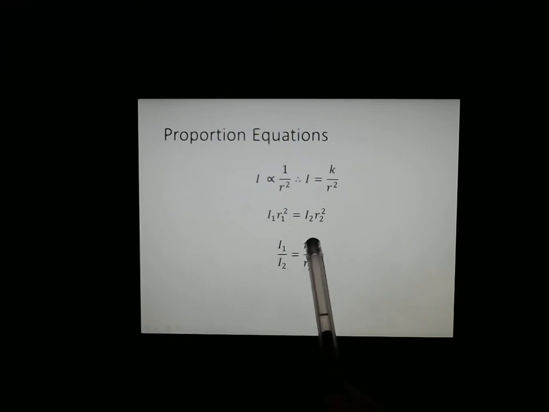Realistically, this is saying 1 over r1 squared over 1 over r2 squared, which, if you simplify the fraction divided by a fraction, you end up with this. So math aside, you're going to have to use one of them. I would recommend picking whichever one stands out to you and sticking with that, because these are just rearrangements of each other. For this one, I take my r1 squared to this side, take my I2 to this side, and I get that one. So you choose.